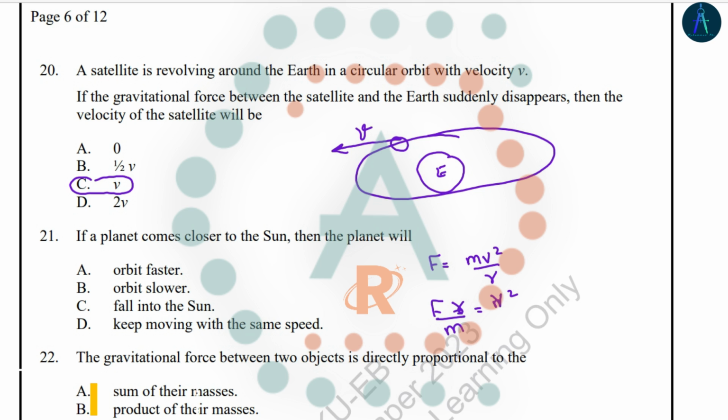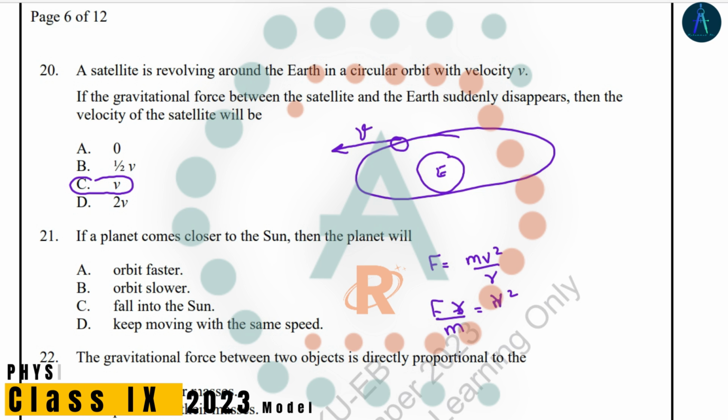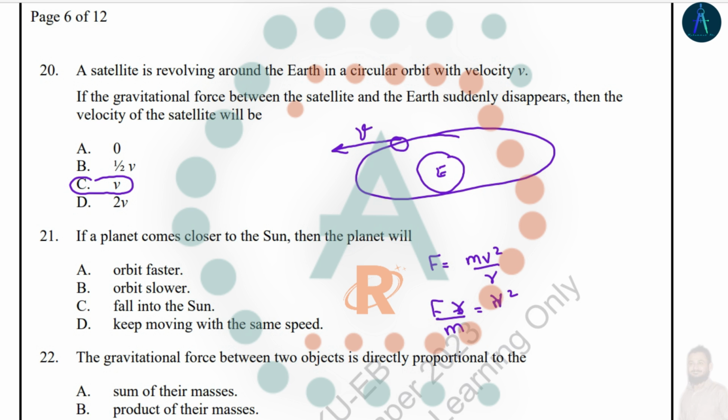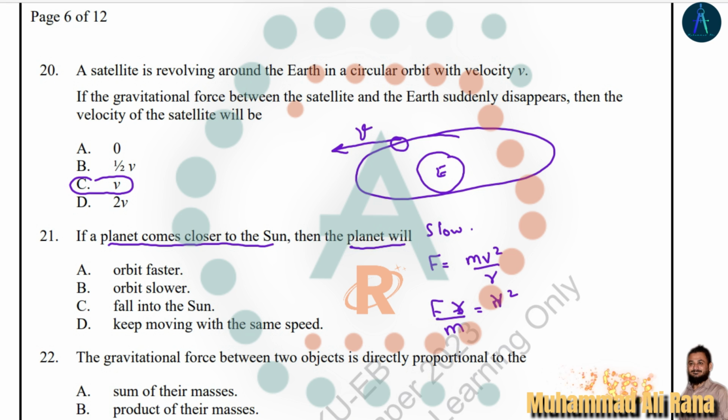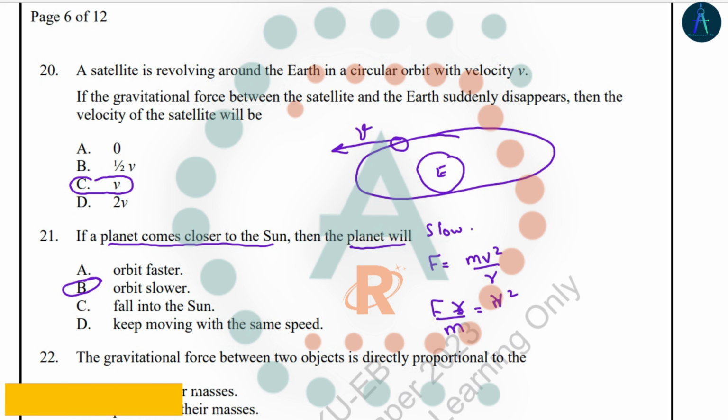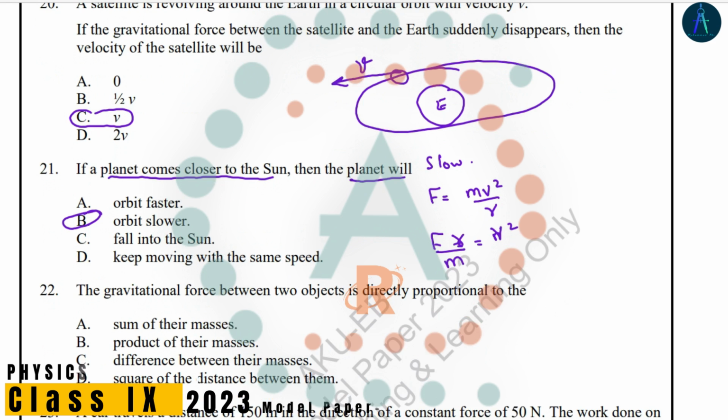So from this formula, as we can see, velocity is directly proportional to radius. So if the planet comes closer to the sun, that means the planet will move slower as compared to its speed when it is moving in a longer path. So in this way, the correct answer would be option B, that it would orbit slower near to the sun.